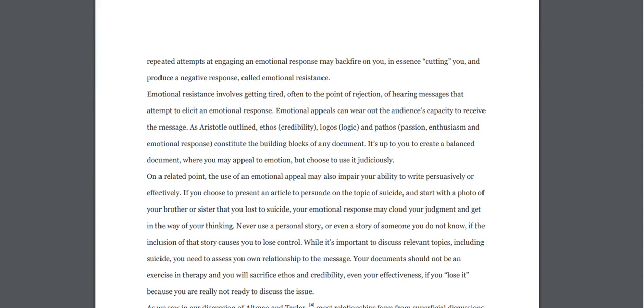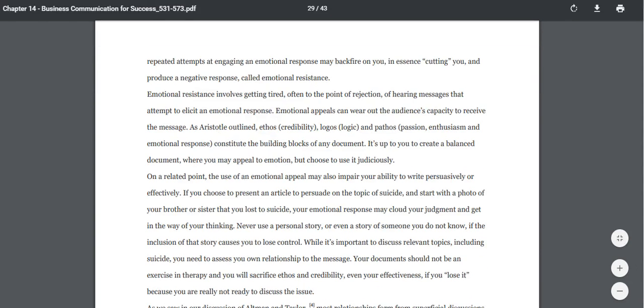All right, watch out for an emotional appeal. It's easy to convince someone. There are so many things you see on Facebook every day that you look at the picture and you're immediately caught up in it.